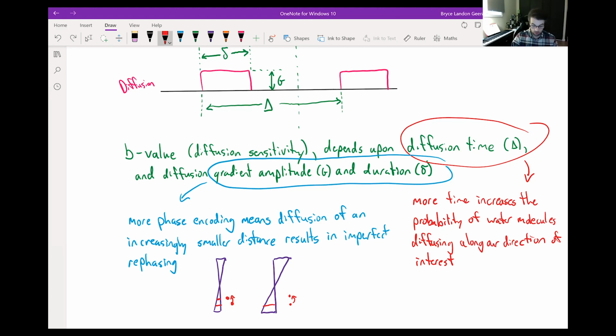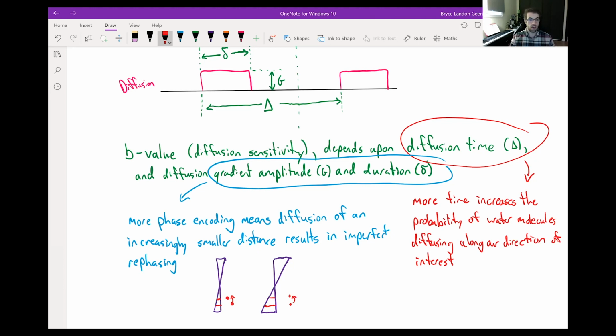I've drawn it a little bit taller than the other one, but to make it more similar, let's say it's like here. Close enough. You probably get the idea that these lines are significantly different in length, so there's going to be a less accurate reversal of this spin's phase, and that means you're going to see that signal loss in your image, essentially making you more sensitive to diffusion across small distances.